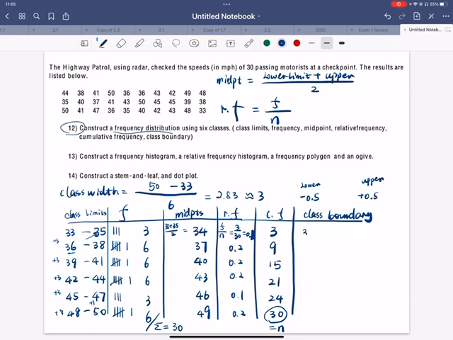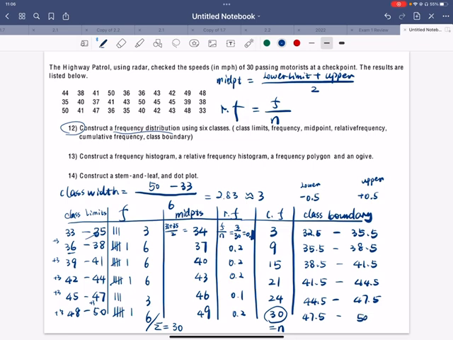So I have 32.5 to 35.5, then 35.5 to 38.5, 38.5 to 41.5, 41.5 to 44.5, 44.5 to 47.5, and lastly 47.5 to 50.5.